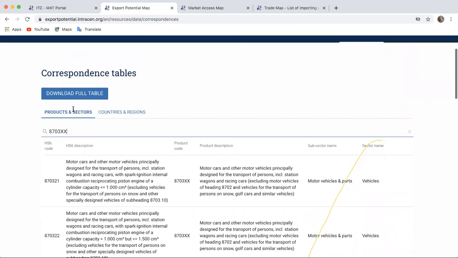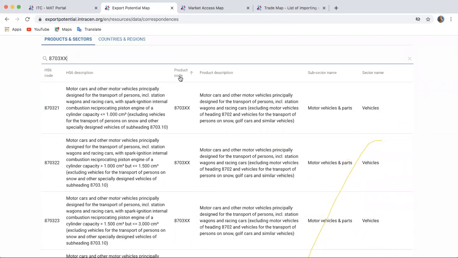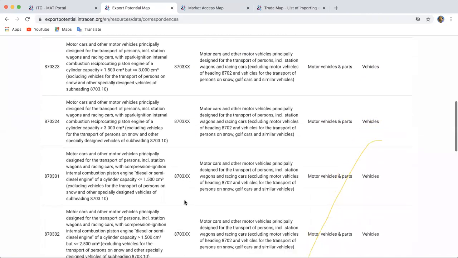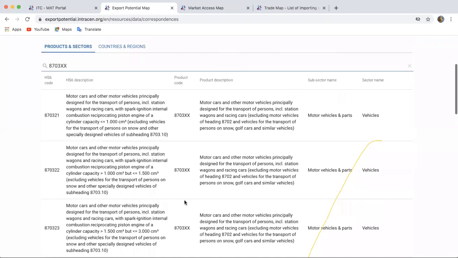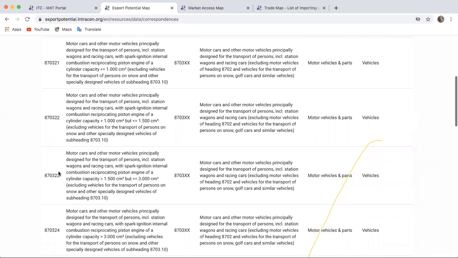So we are at the correspondence tables. And you can see here that the product code has many different products underneath. As I said, there are a lot of different products in this group, because all these HS6 codes are motor vehicles for persons. They're just different sizes; there's some small, this includes station wagons, excluding station wagons.